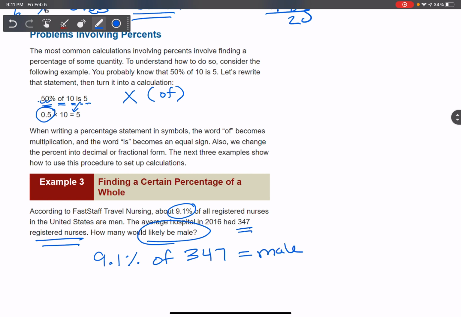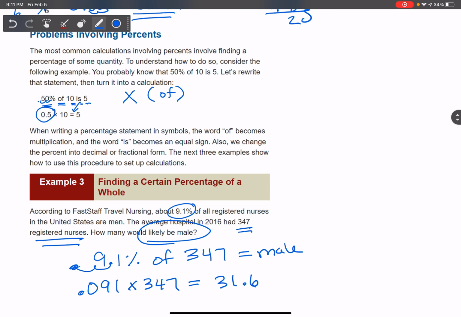So we're going to find 9.1% of 347. We could change this to a decimal by moving that back. Remember that open spot, a 0 can fill that in, times 347 equals about 31.6, okay?